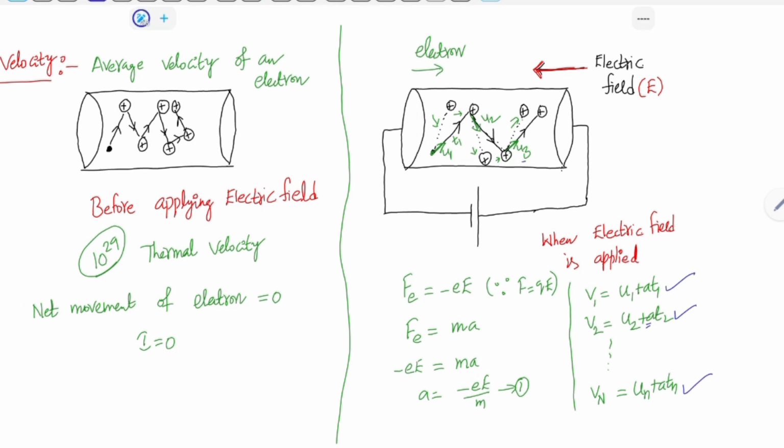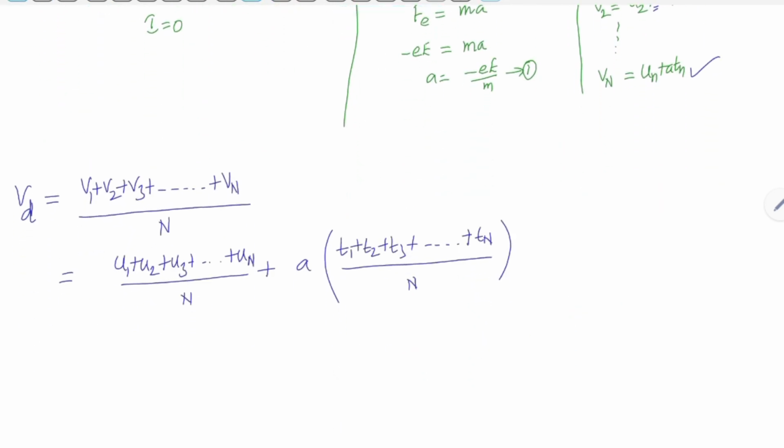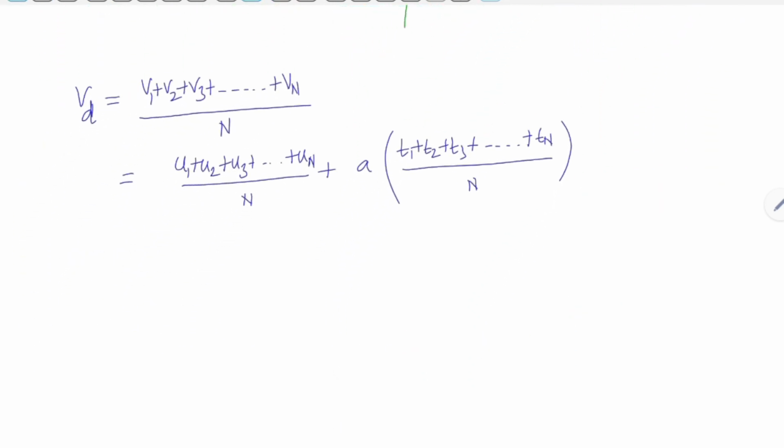All these velocities are in random directions, so when you add them, the summation will be zero. That's why the first term in the equation will become zero. So let me make this entire term zero.